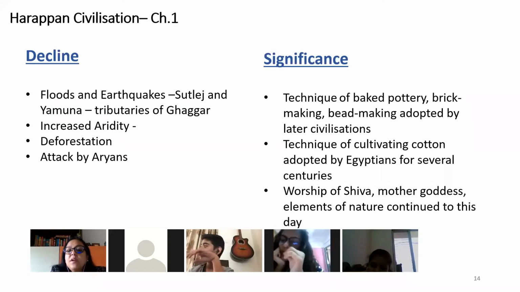So even today we worship them. Elements of nature: today also in Hinduism we worship the elements of nature. Agni, Vayu, Surya are still considered gods by us. So all this is a gift given by the Indus Valley people to us. This is the significance of the Harappan civilization.